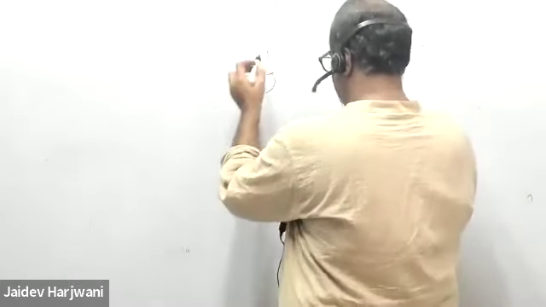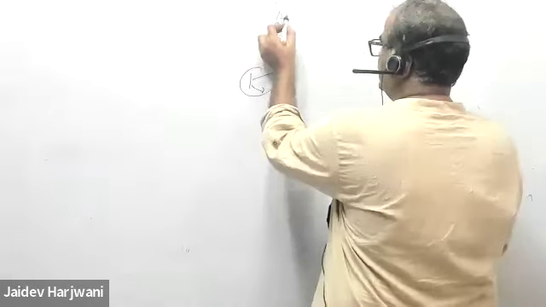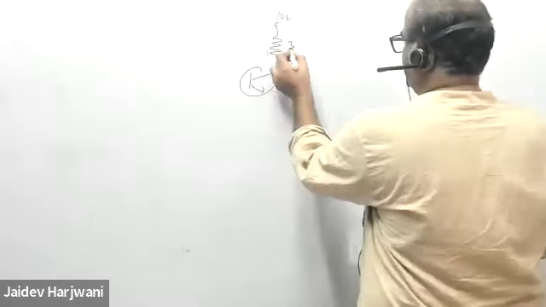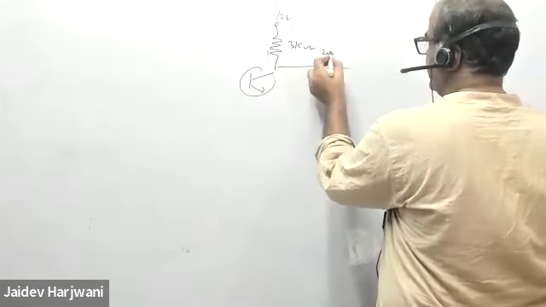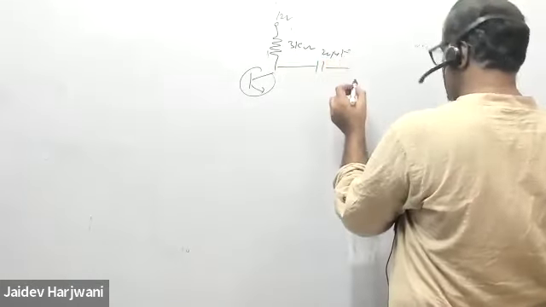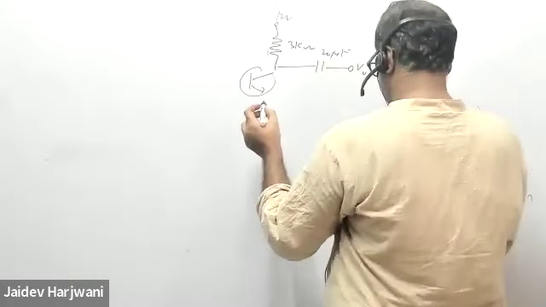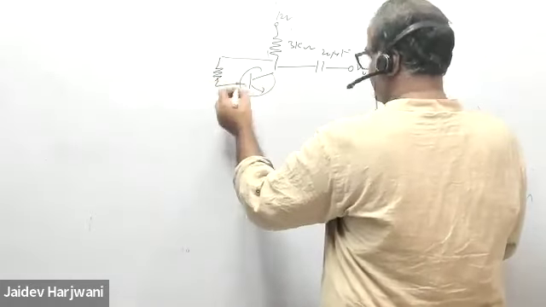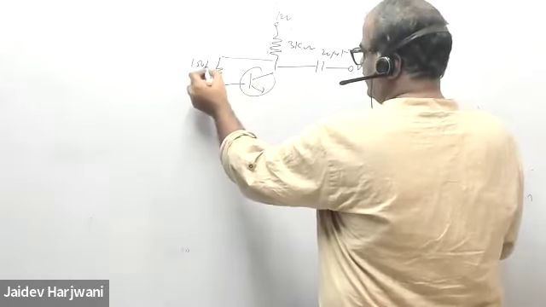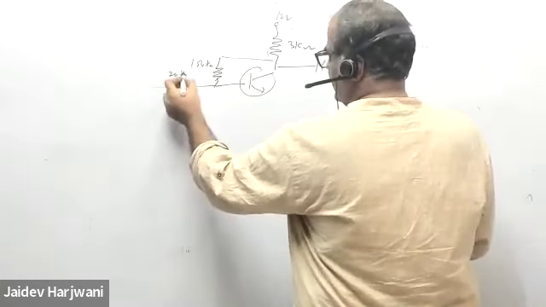So this is 12 volt. This is 3 kilo ohm. This is 20 microfarad. And this is your V naught. Okay, and this is 150 kilo ohm. And this is 20 microfarad here, 20 microfarad here.